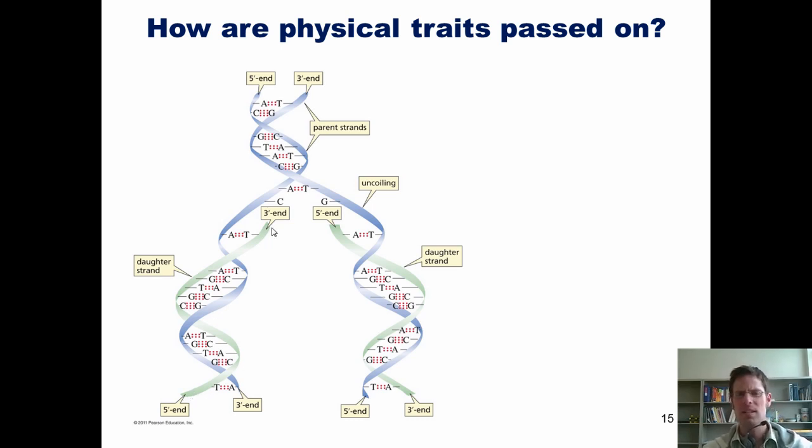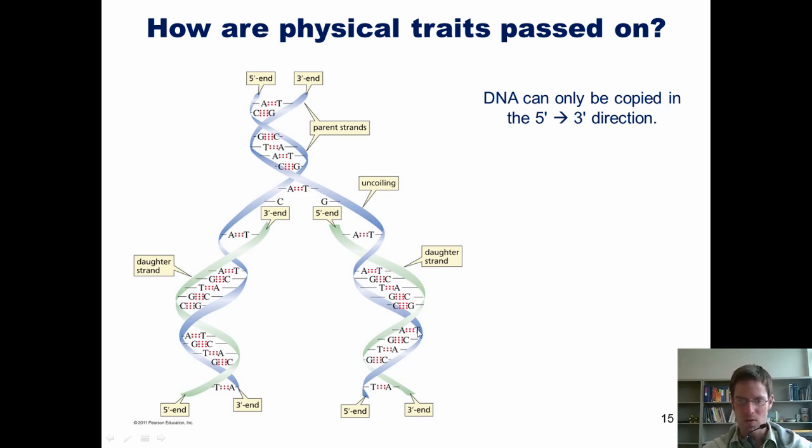Now, the daughter strand on the right over here, which you'll see is written in this lighter blue shade, is running in the 3' to 5' direction. And remember, it can't be copied that way. It can only be copied in the 5' to 3' direction.